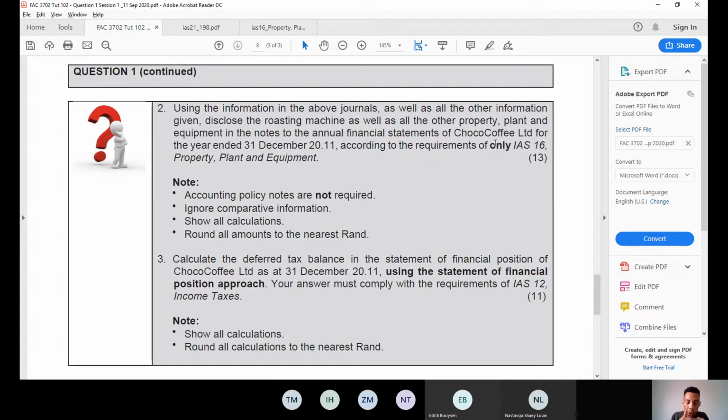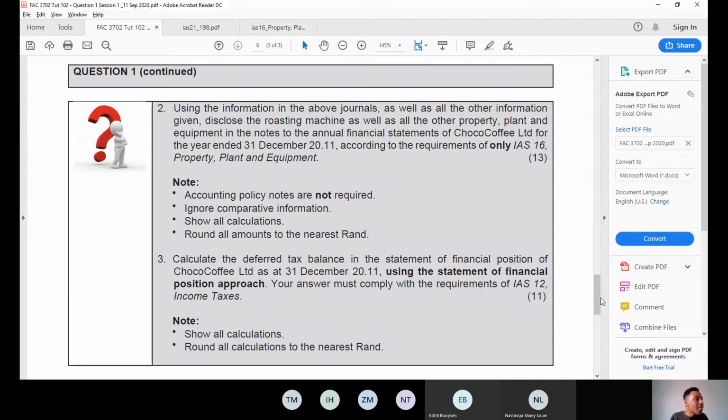So within your note, the marker should not be seeing any items that relate to investment property, because that's not part of the requirement. The requirement specifically emphasizes that it is only IAS 16.